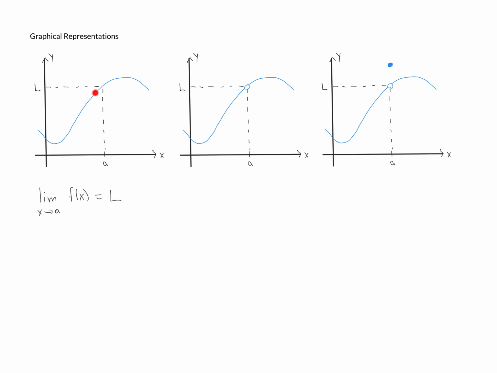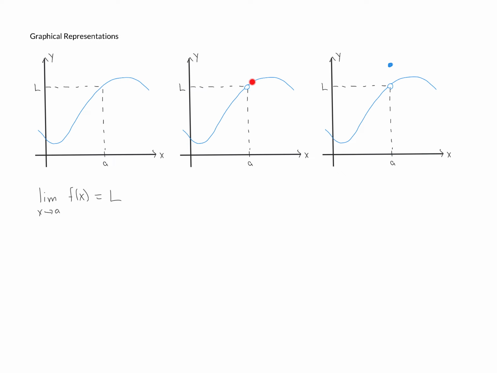On the left, the y values of the points are getting larger and larger, closer to L. On the right, they're getting smaller and smaller and closer to L. As x approaches a from either side, the function is getting closer and closer to L. That's what's happening graphically there.